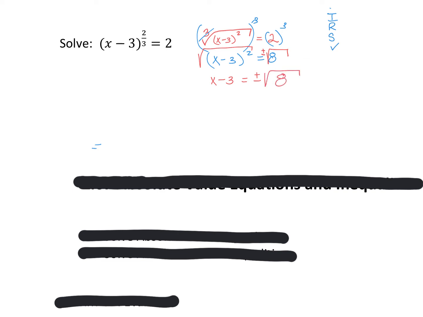Remember that the square root of 8 can be broken up as 4 times 2, and we can take the square root of 4, so we get plus or minus 2 root 2, and then we will add 3.